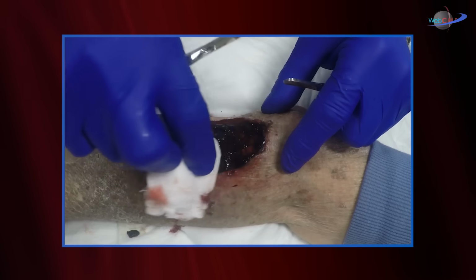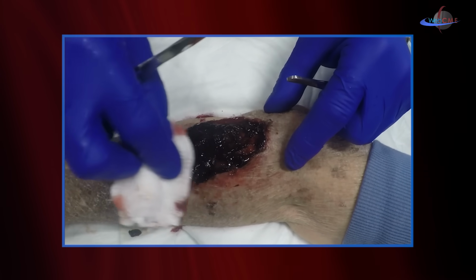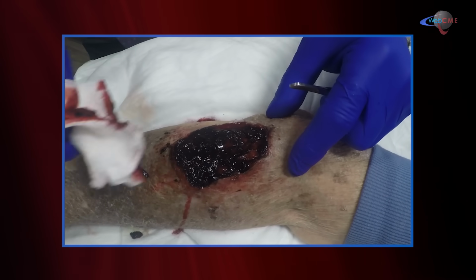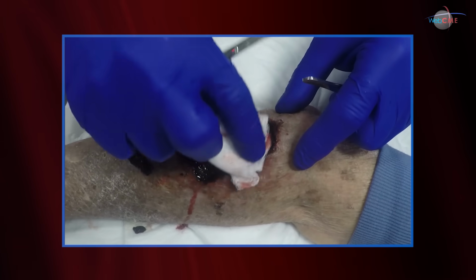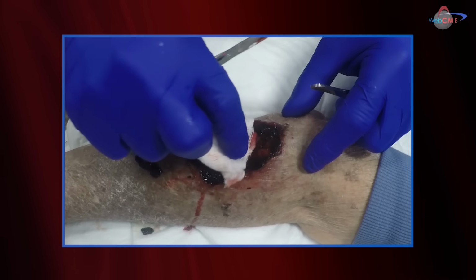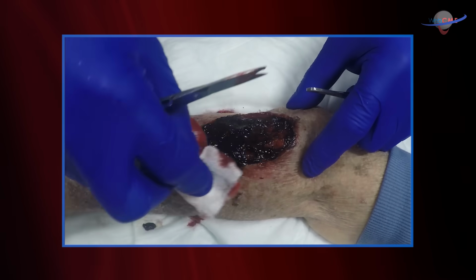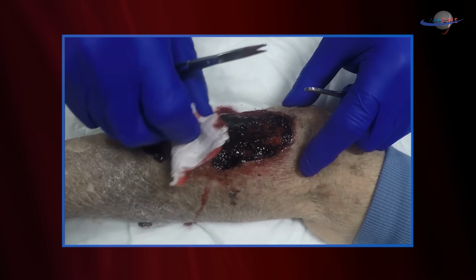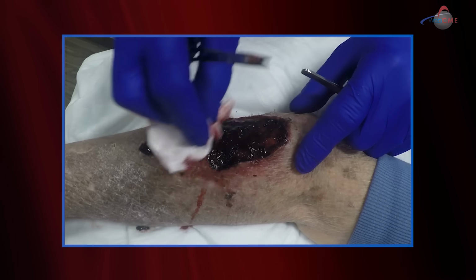You may not be able to accomplish all of the debridement of the underlying hematoma during the first try because of pain, but we try to do as much as we possibly can. The important thing now is that this can be cleaned serially during dressing changes and decrease the risk of infection.